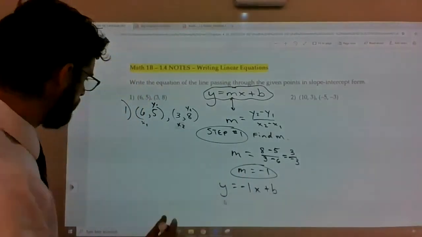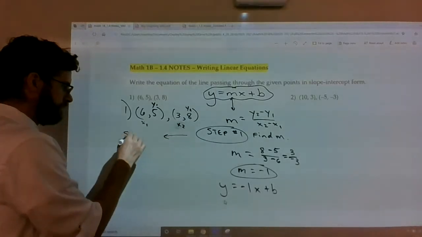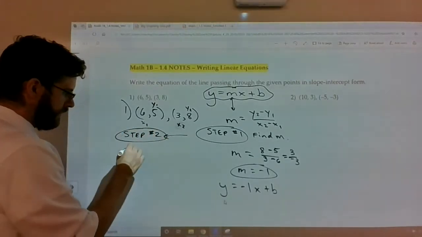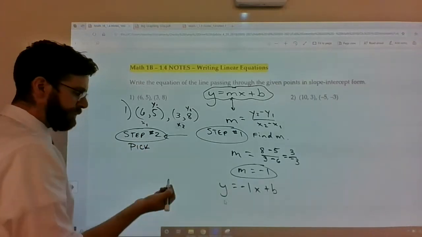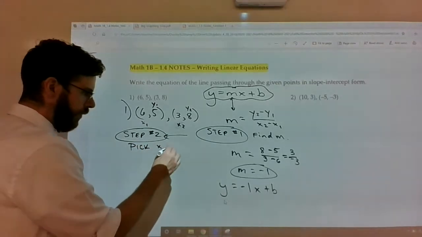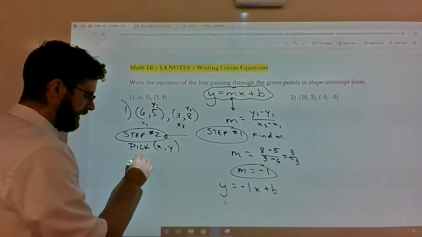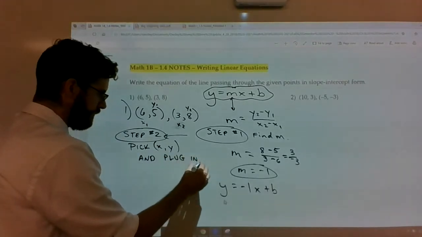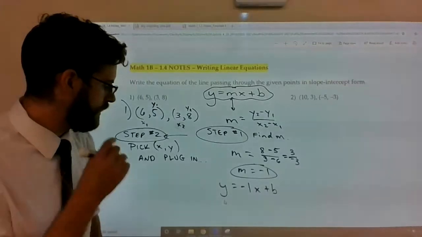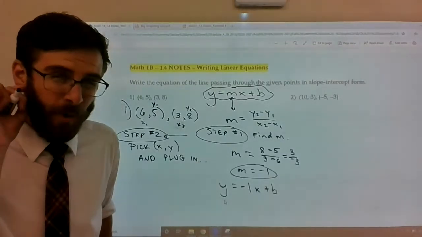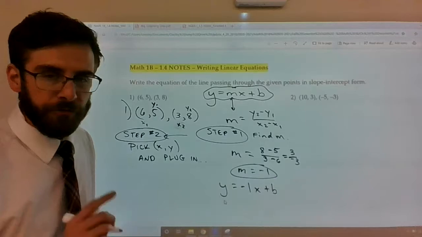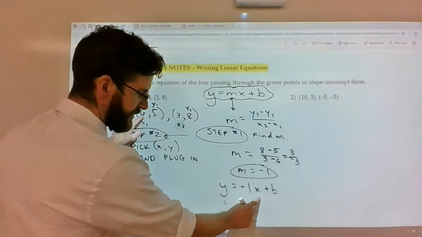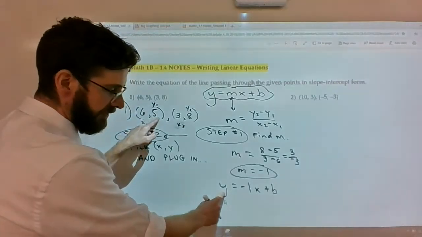Step 2. I'm going to say pick x, y, and plug in. Now, why do we do that? Well, first of all, we know that when x equals 6, y has to equal 5.